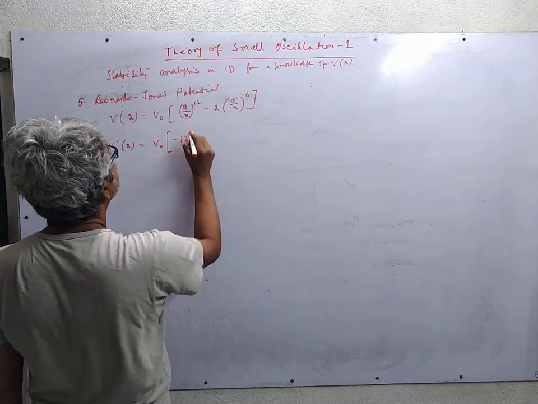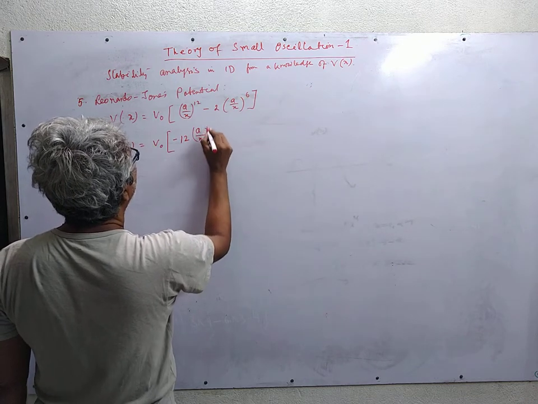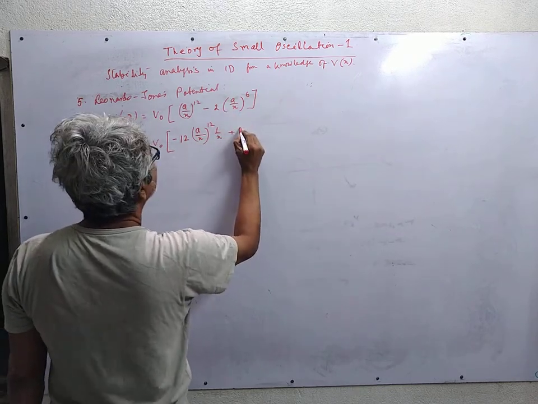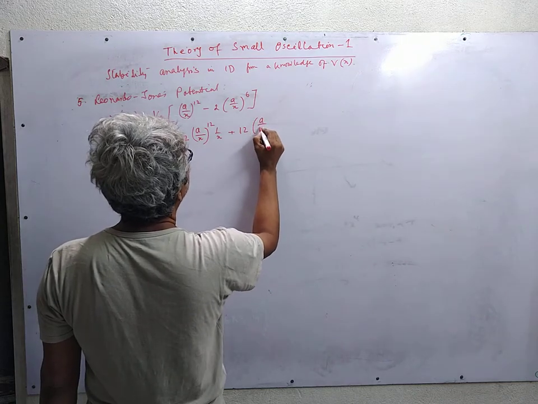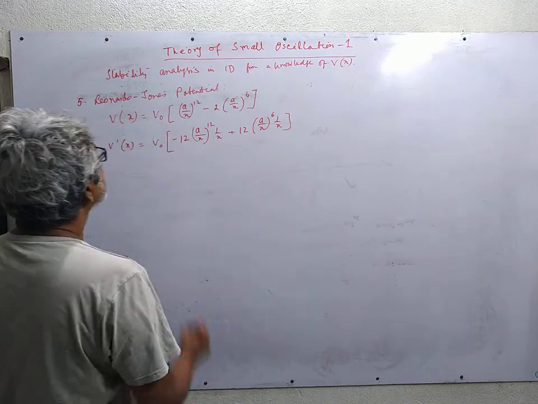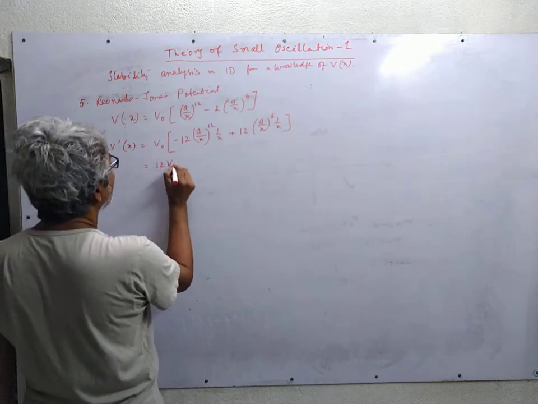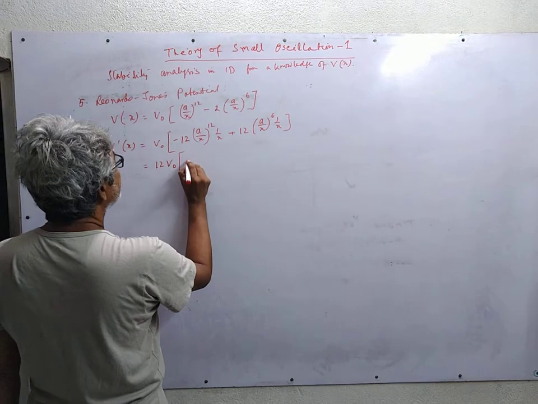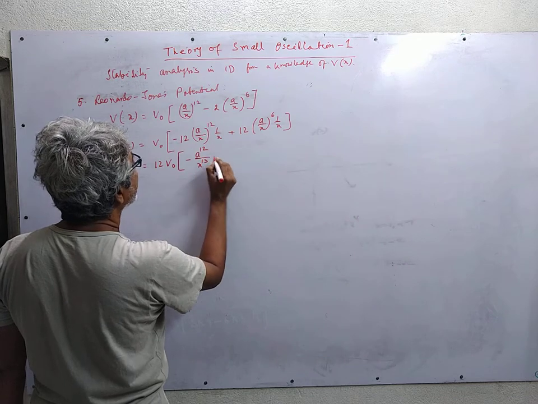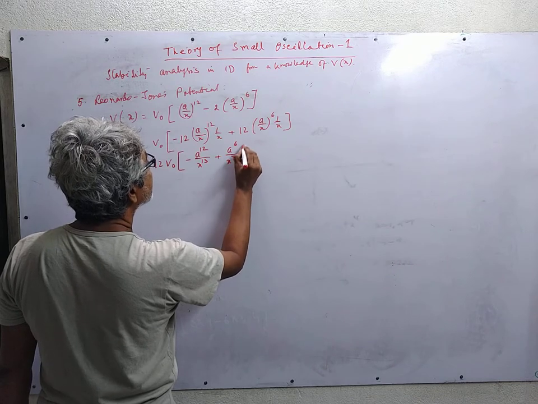minus 12 A by x to the power 12 times 1 upon x, and this is plus 12 A by x to the power 6 times 1 by x. Which can be written as, if we take 12 constant out, minus A to the power 12 by x to the power 13 plus A to the power 6 by x to the power 7.